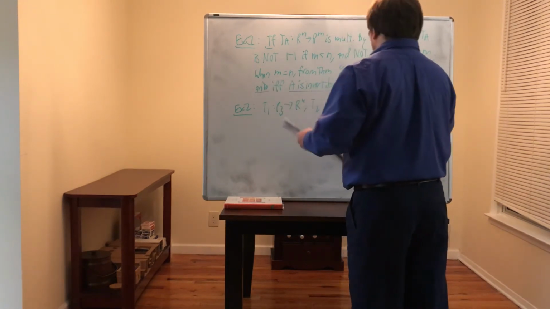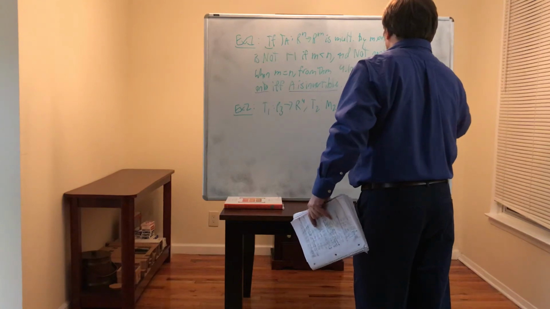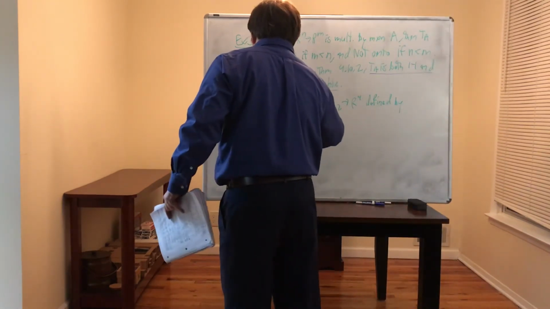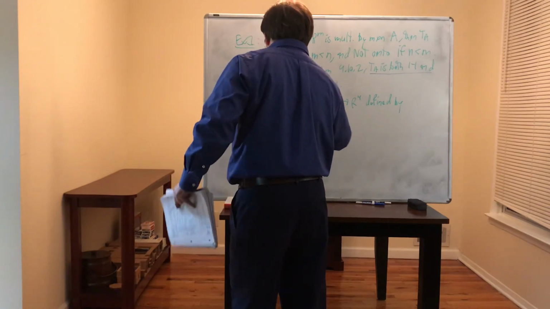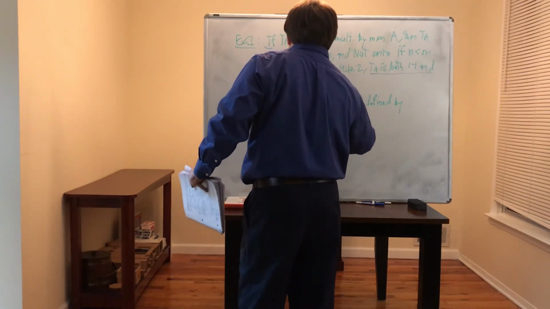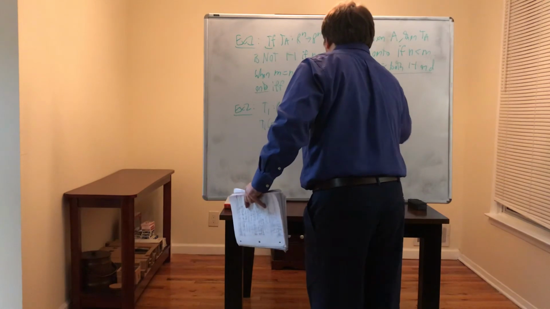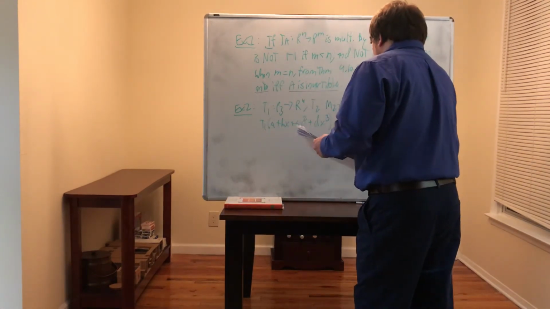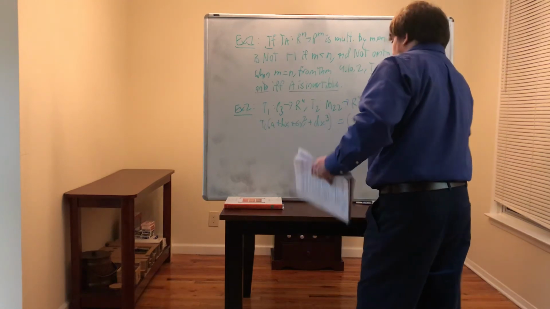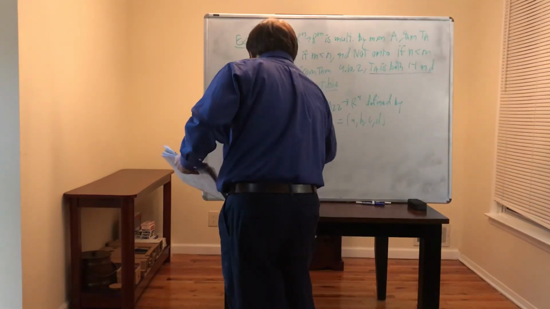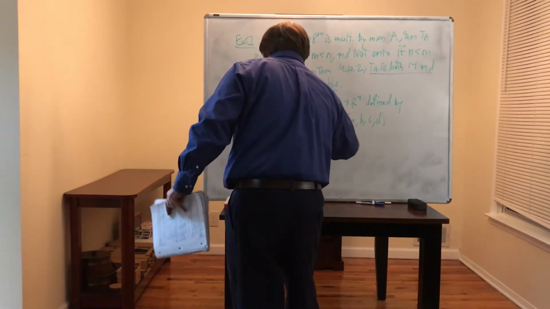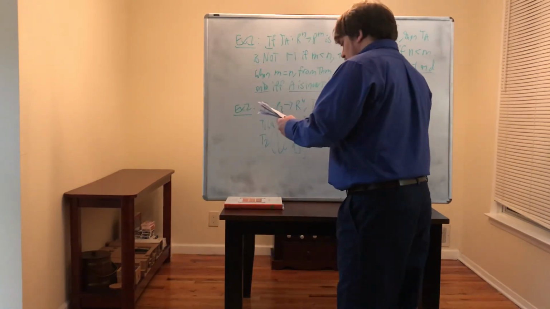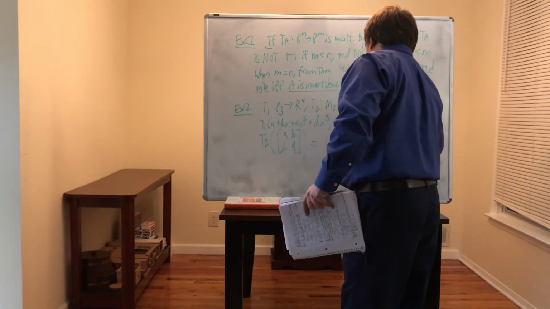And they're defined by T1 of A plus Bx plus Cx squared plus Dx cubed is equal to (A, B, C, D). And T sub 2 of the matrix [A, B, C, D] is equal to (A, B, C, D).